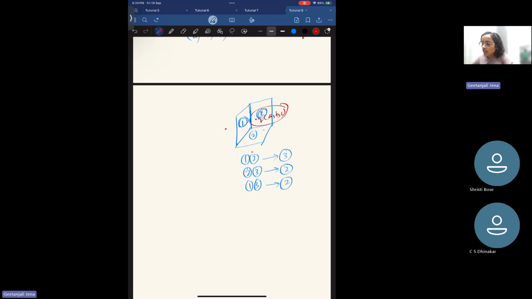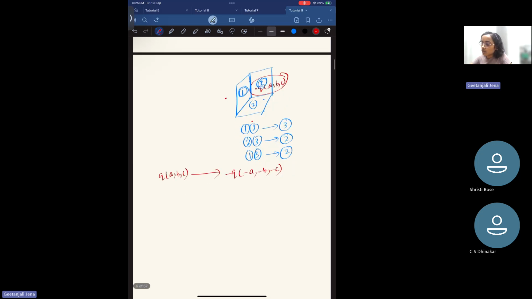Now to find out the location, what you need to do: Q is present at A, B, C. So one image charge will be at minus Q, at minus A, minus B, minus C. So this is trivial. To find out the other image charges, you need to look at the planes.